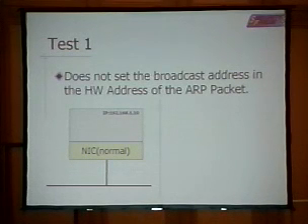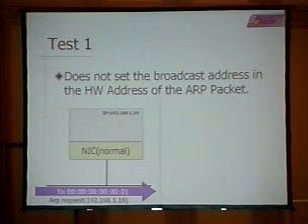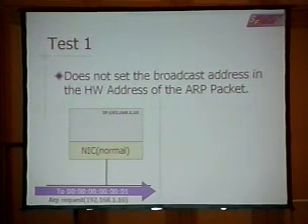When we do not set the broadcast address, for example, we set the destination address to 00:00:00:00:00:01. If the NIC is in normal mode, the ARP packet is rejected by the NIC.